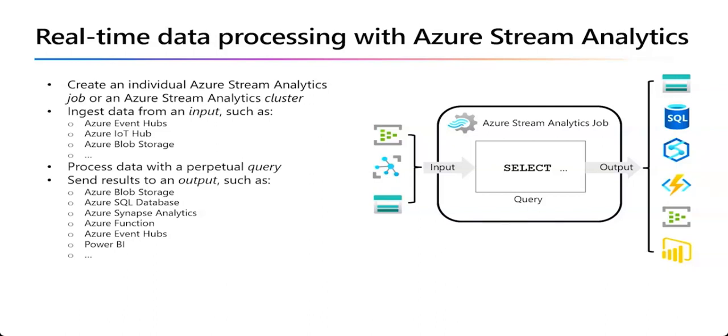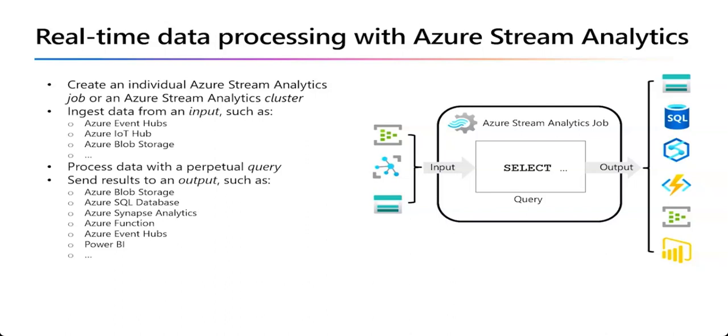Azure Stream Analytics is a service for complex event processing and analysis of stream data. Stream Analytics is used to ingest data from an input, such as Azure Event Hub, Azure IoT Hub, or Azure Storage Blob Containers, and process the data by using a query to select, project, and aggregate data values.